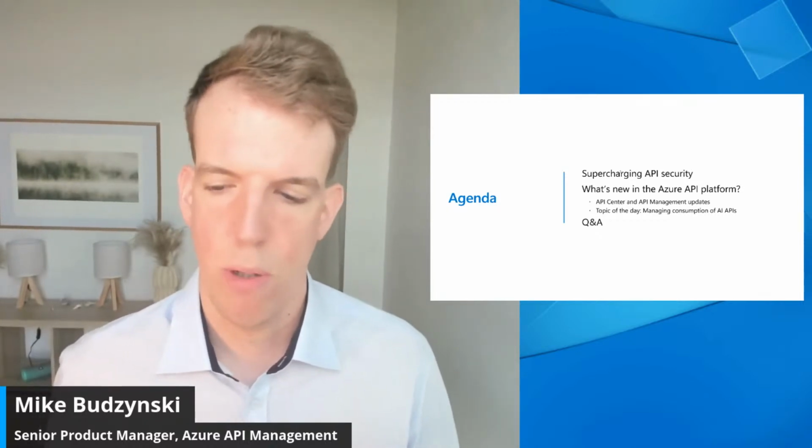So we have just released a series of cool features that help you manage and control and observe that consumption. And we see it as a very rising scenario that's becoming more and more adopted by all organizations worldwide. And we'll close the session with a Q&A section, and feel free to ask any questions throughout the live stream as well as at the end as we close up the whole session today.